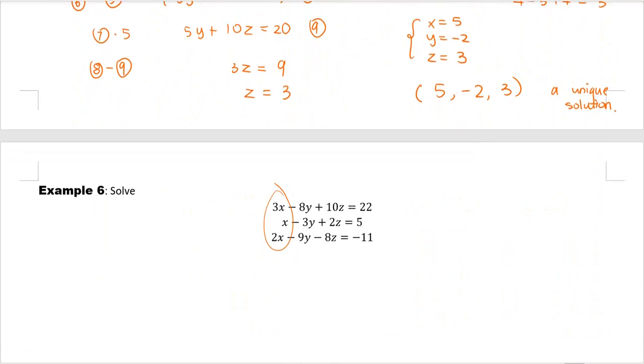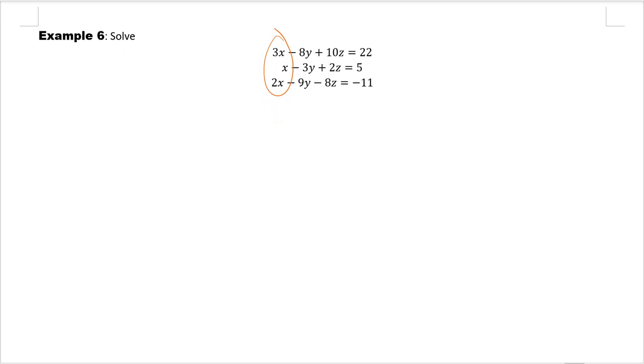Okay. All right. So we choose to eliminate x, and the LCM is also 6, right? So let's see.